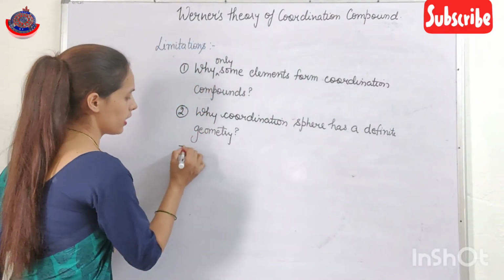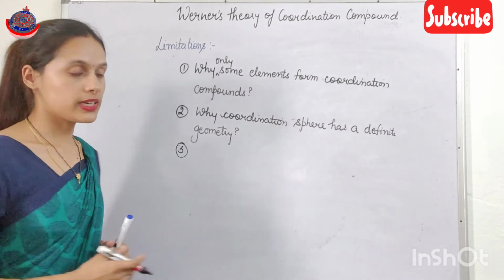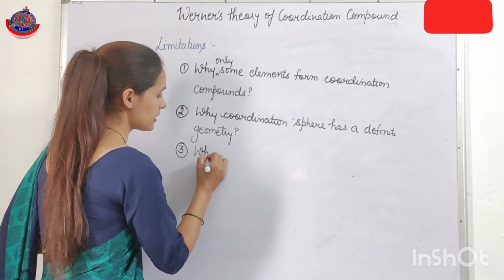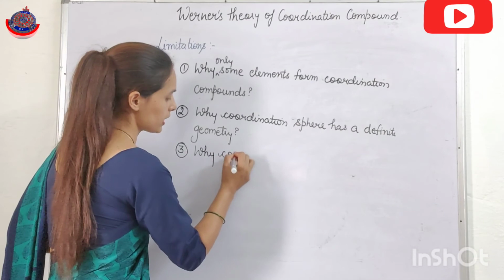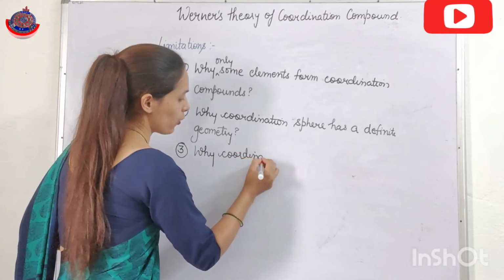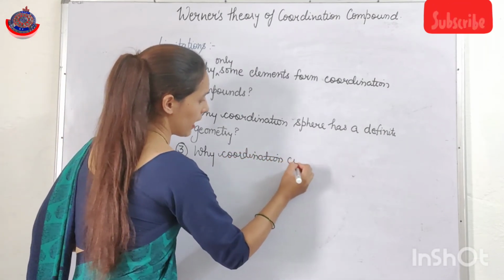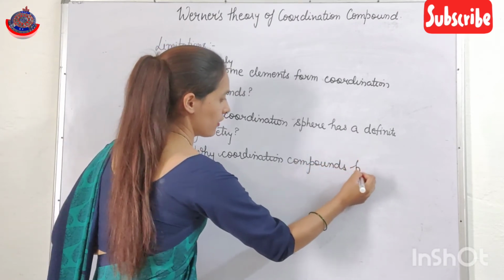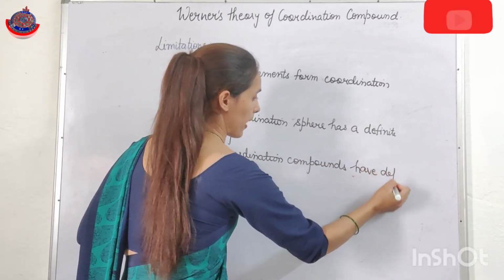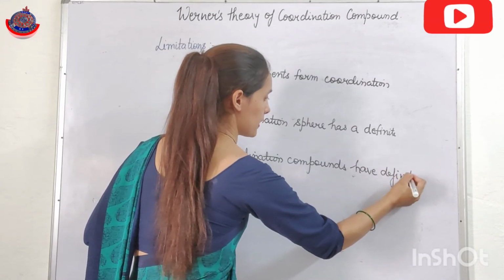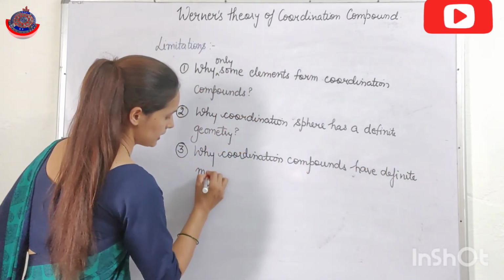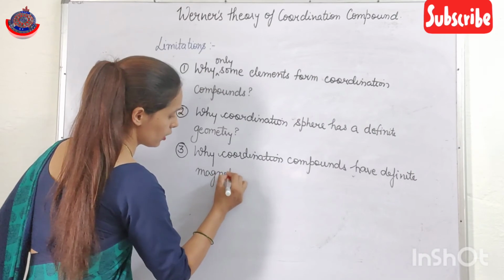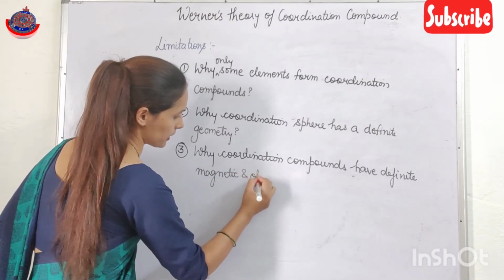Third, Werner is not able to explain why coordination compounds have definite magnetic and optical properties.